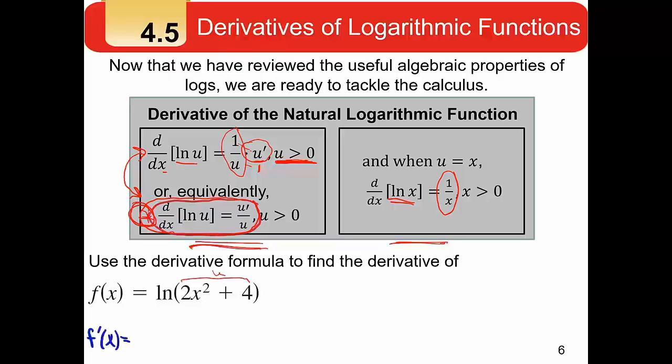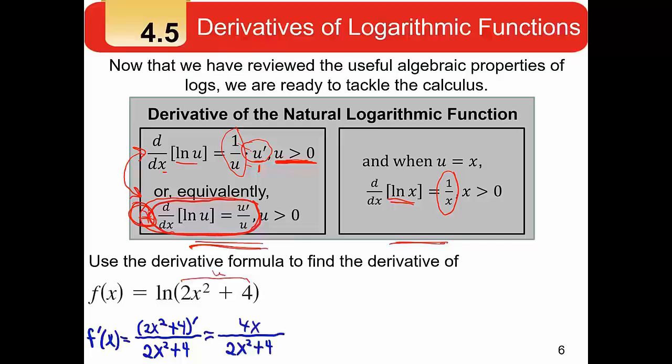Well, u prime is the derivative of 2x squared plus 4, so it's the derivative of 2x squared plus 4 over 2x squared plus 4.